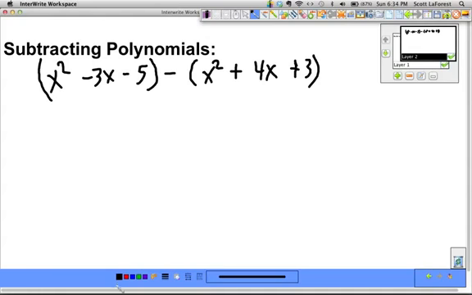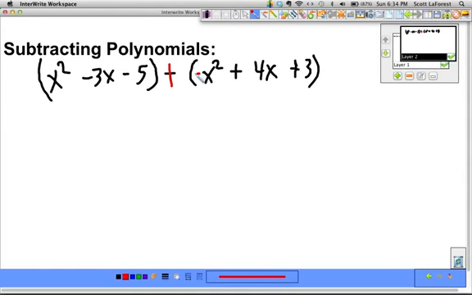So what I like to do right off the bat, just like when we do normal subtraction, the trick is you keep and then you change. So you keep the first polynomial just like it is. We're going to change the sign in between, so we're going to change it to addition. But if we change that sign, we kind of have to distribute the sign change to everything in there.